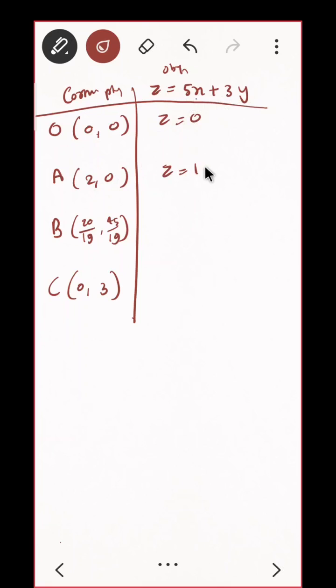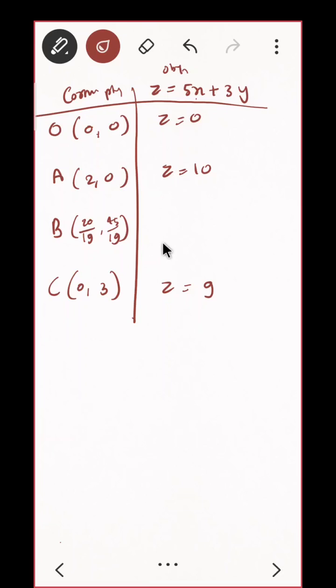Here, correct. And what about this? Substitute and solve. Take 19 outside, it will be 5 times 20 is 100, plus 45 times 3 is 135, I think it will be 235 maybe.